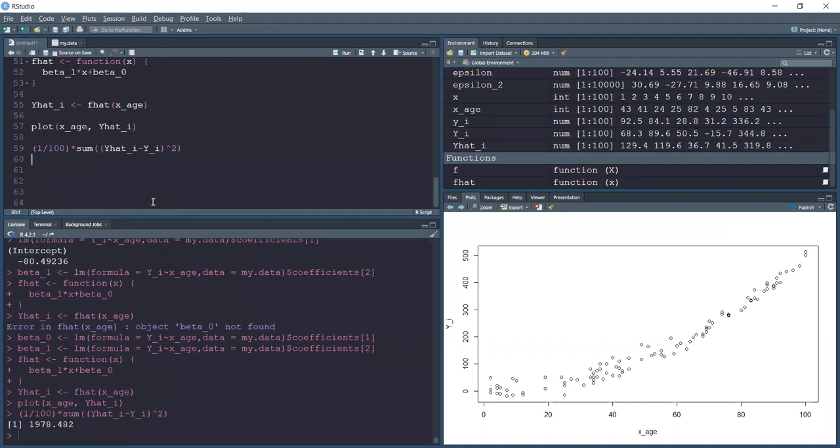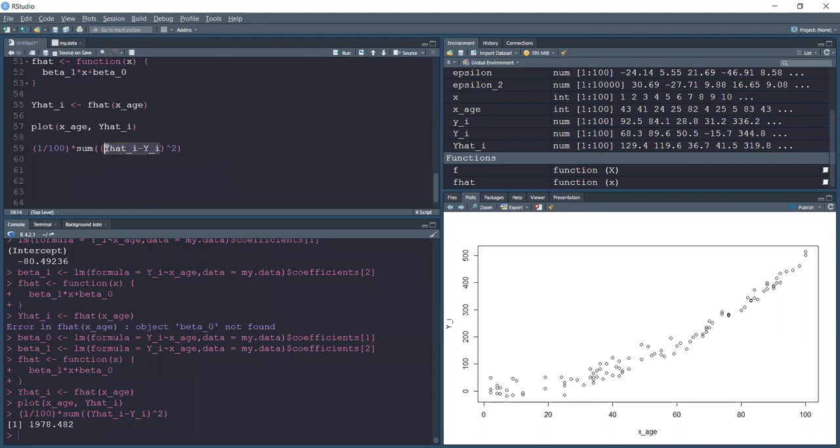That's your mean square error. It looks awfully large, 1978. So who knows? I may have done something wrong over here because it looks larger than I was expecting.